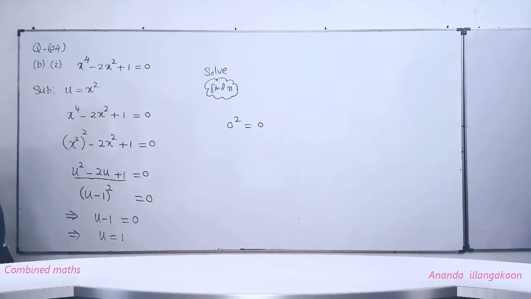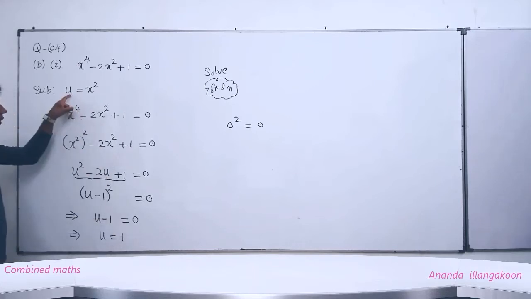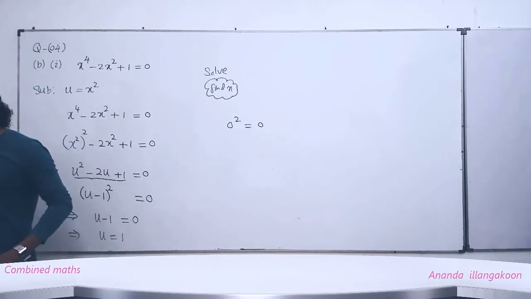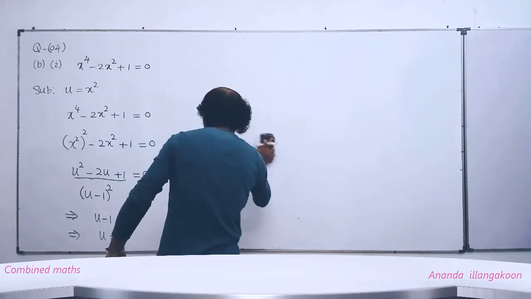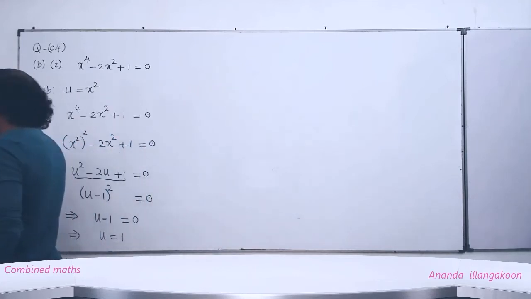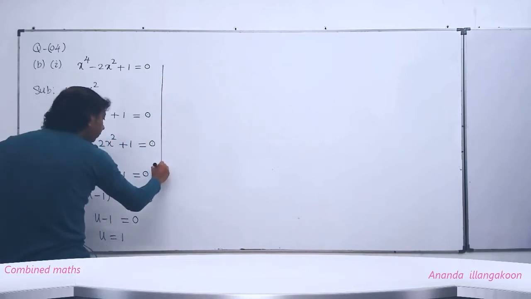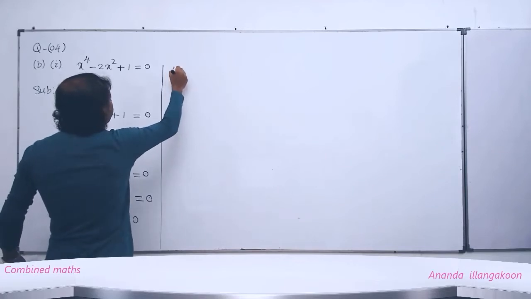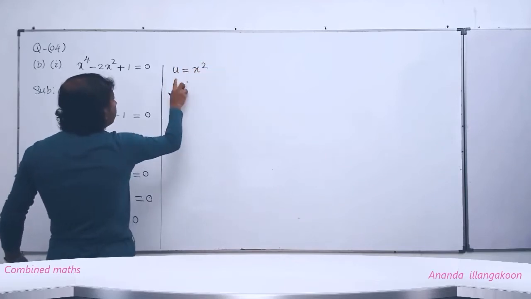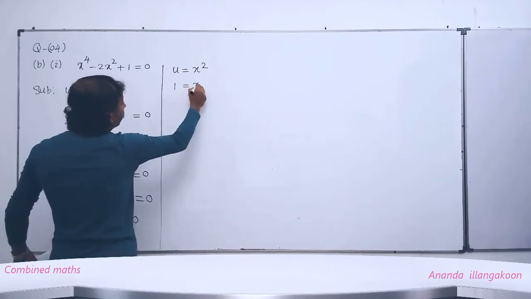So what I do, this answer of u, we put here. Then we can find two answers for x. U equals x squared. Substitute for u the value we found: 1 equals x squared.